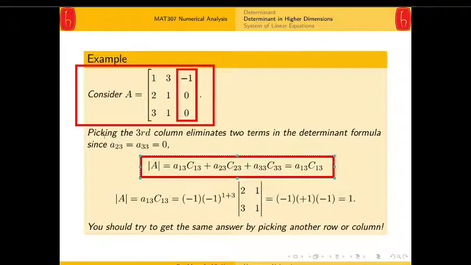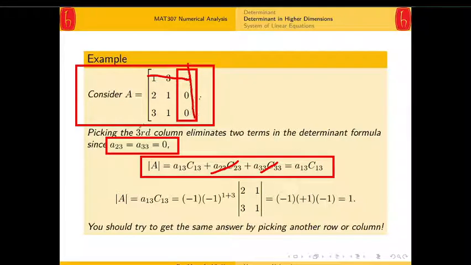But we know these two entries are 0, so these two terms will cancel out, and we will end up with only one entry times its cofactor being the determinant.